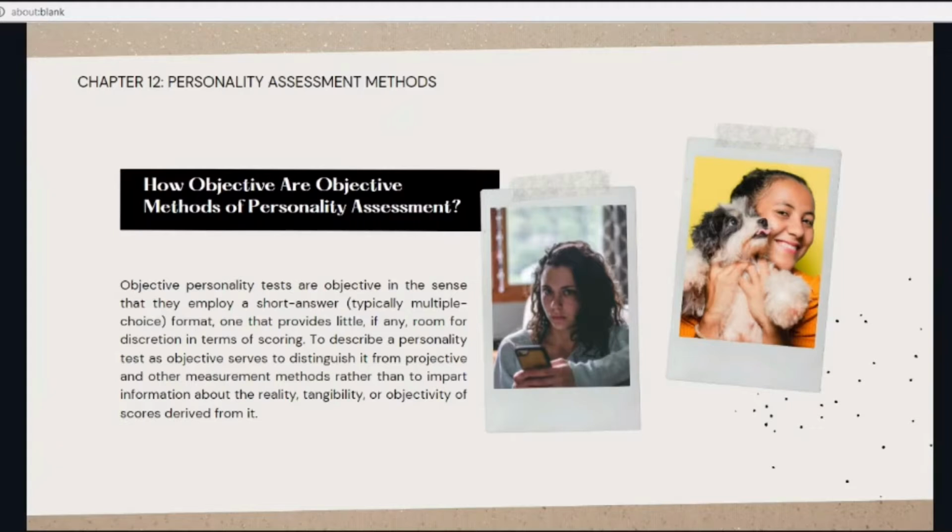This gives little room for discretion when scoring. So it's objective on the part of the scorer because they don't have to make any judgment, or if there is any, very little judgment is made in scoring. All the interpretations are already there depending on which choice the test taker chooses on the items of the test.